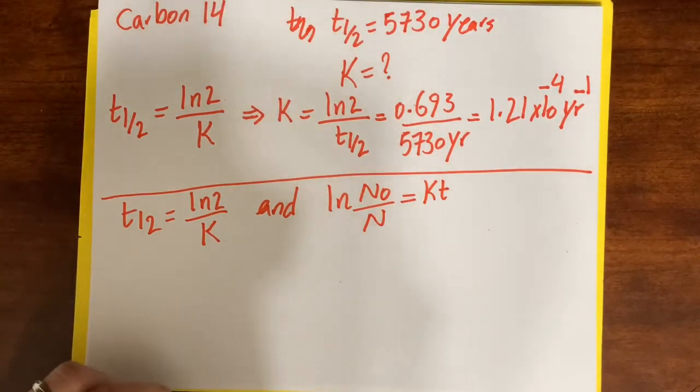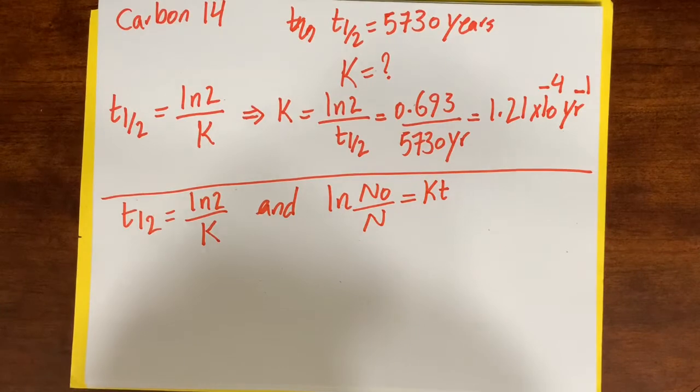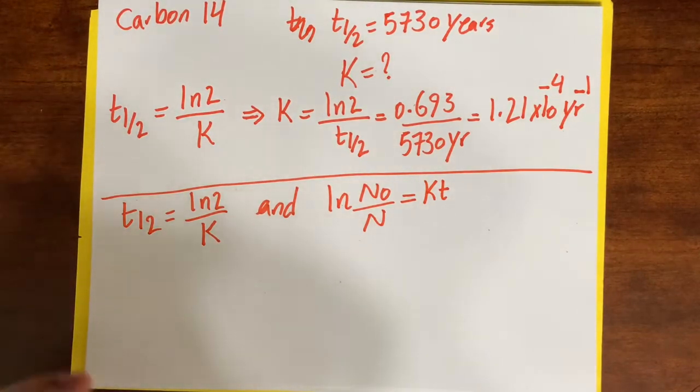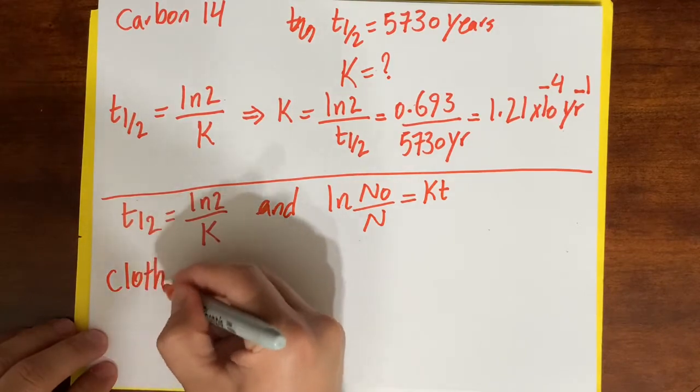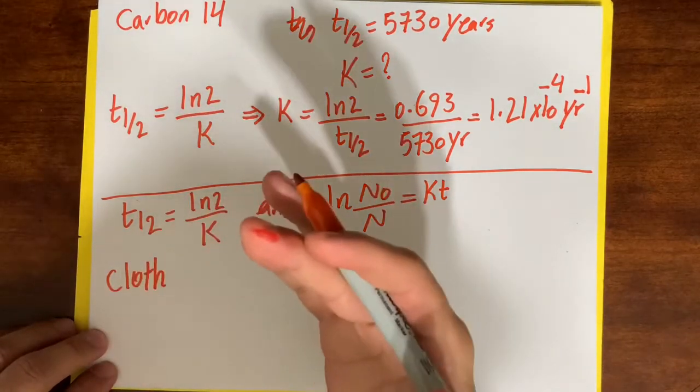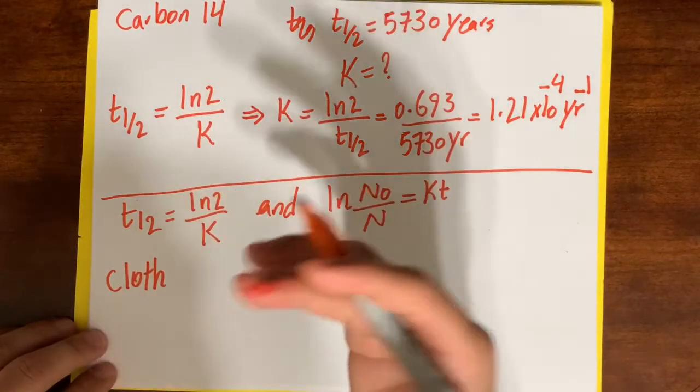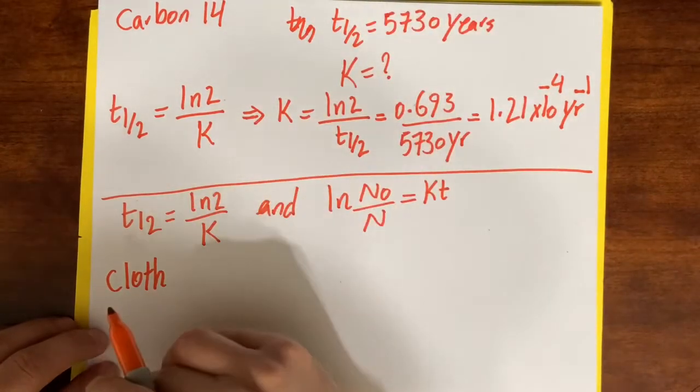Okay. So the question is going to be, there is a piece of cloth that we found, let's say, somewhere in the US.